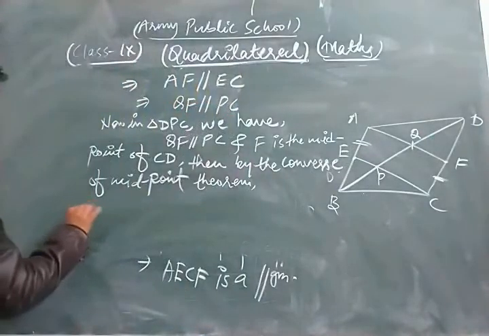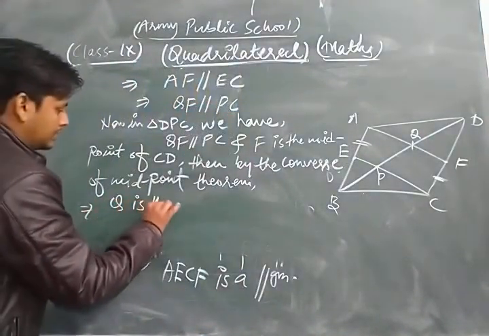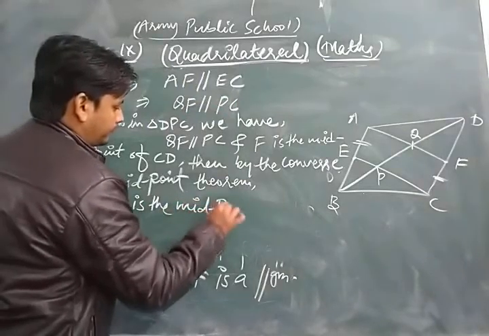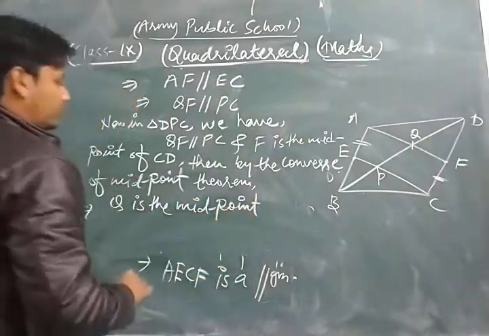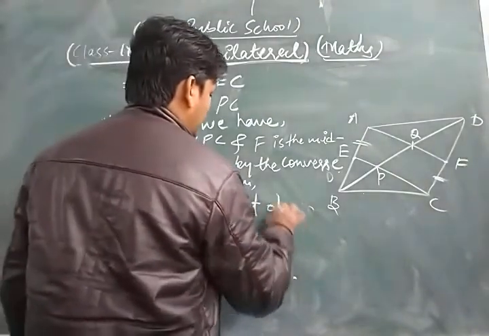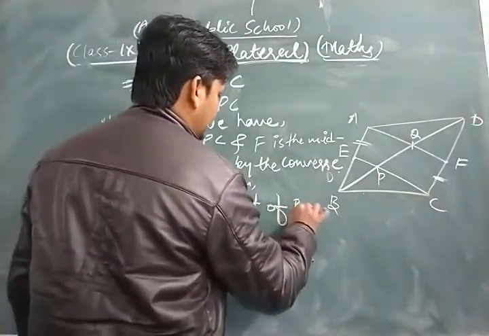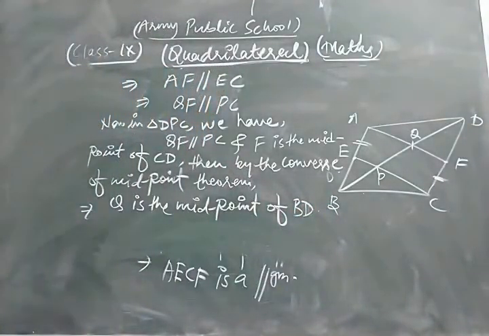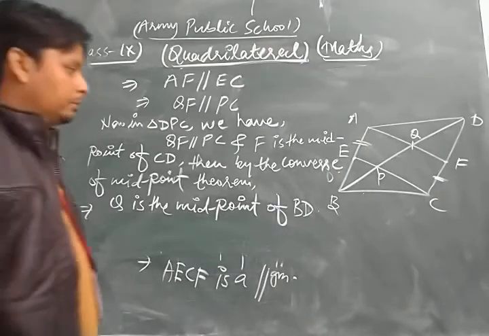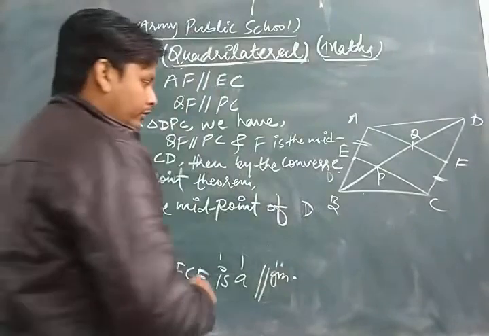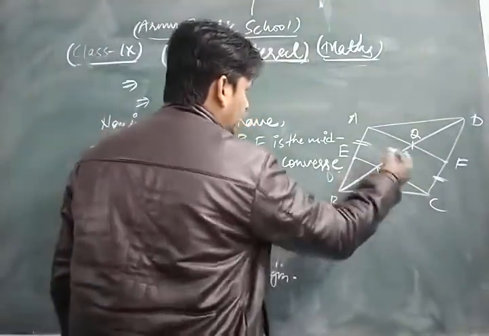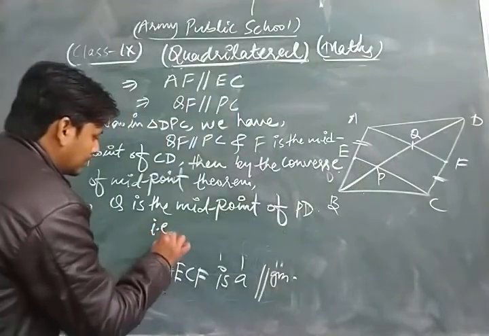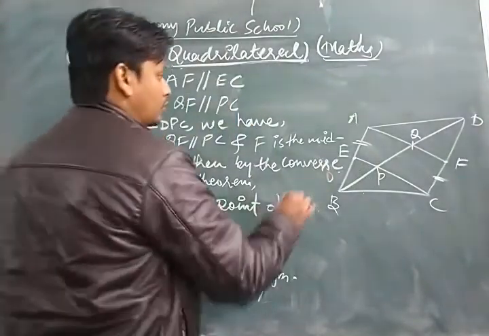Q is the midpoint of PD, that is PQ is equal to QD.